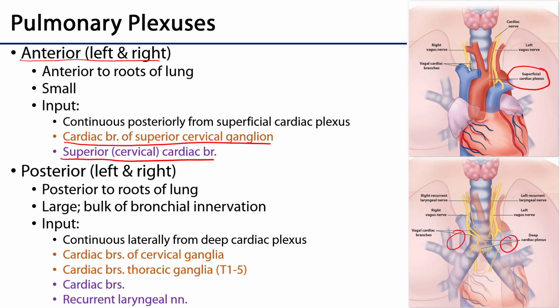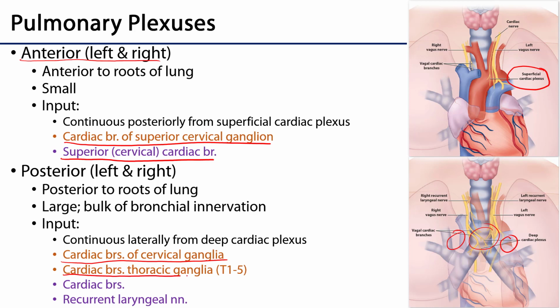These are in very close association with the deep cardiac plexus and will have all of the same inputs from it. So we're talking about cardiac branches of all of the cervical ganglia, superior, middle, and inferior.